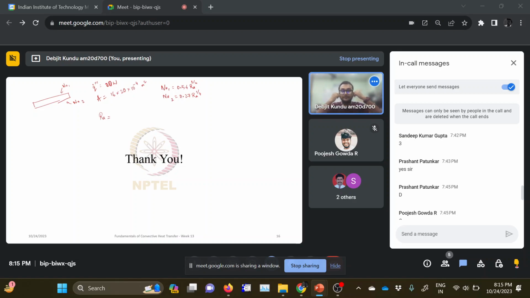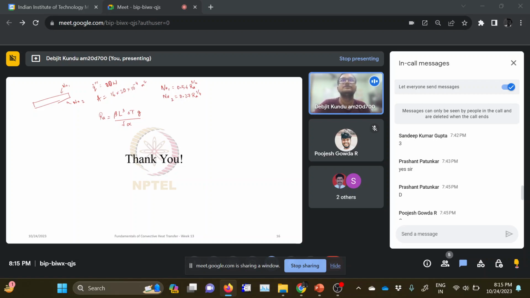Yeah, sorry. So let's get back here. The Rayleigh number we saw is beta g delta T L cubed divided by nu into alpha. Right? Yes, sir. Now from the different things given to us, we have to find this out.